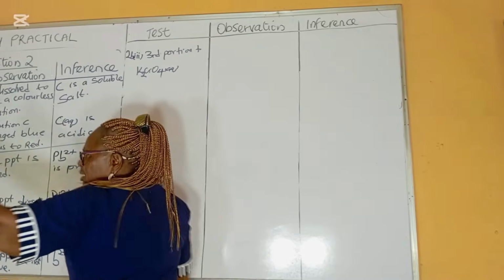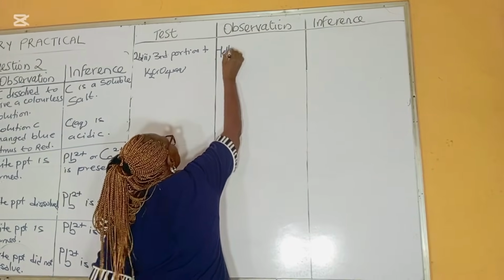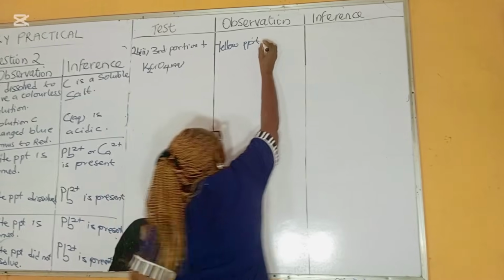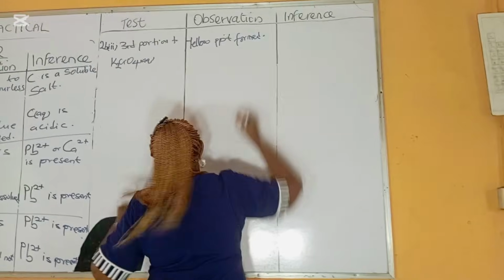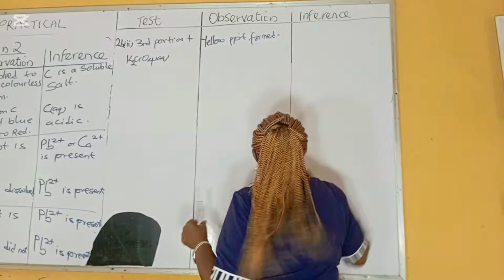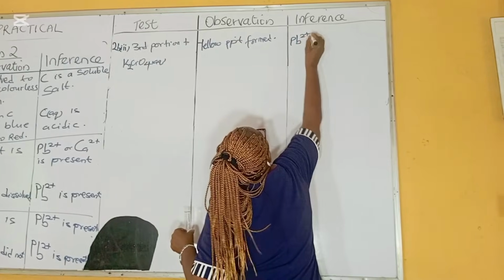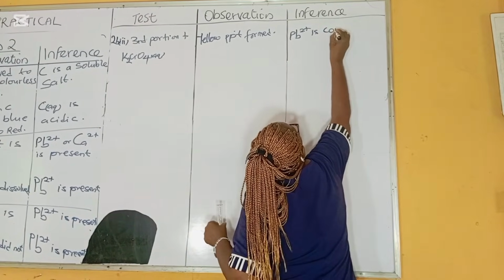What did I observe? Yellow PPT formed. So that means lead 2 ion is confirmed. Lead 2 ion is confirmed.